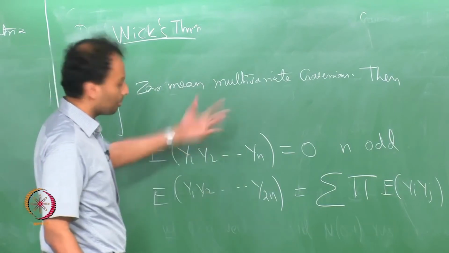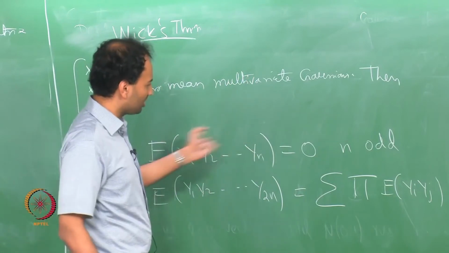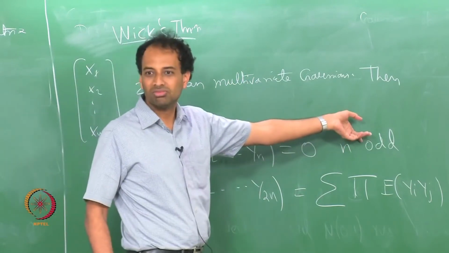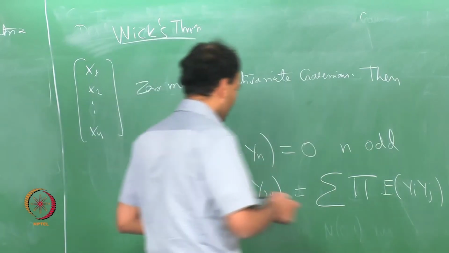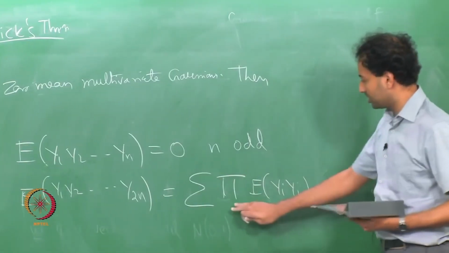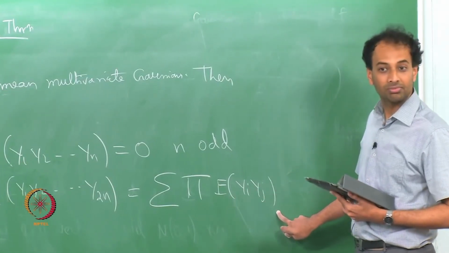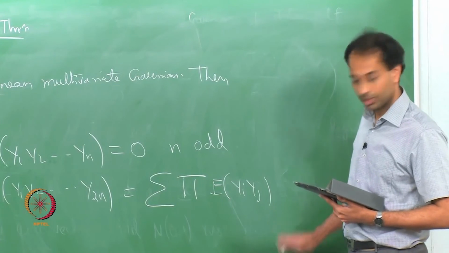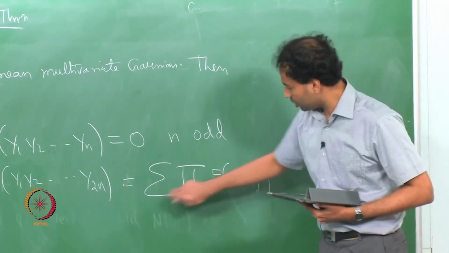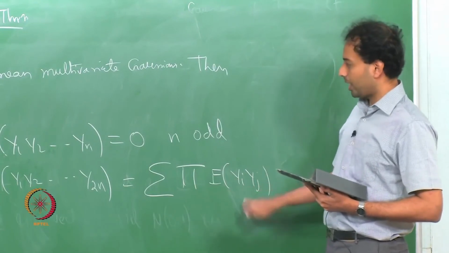If you have an odd product, because they are 0 mean, you will have 0, and for the even case you will have all possible two-way products of these covariance terms, all possible pairings of these yi's taken 2 at a time.